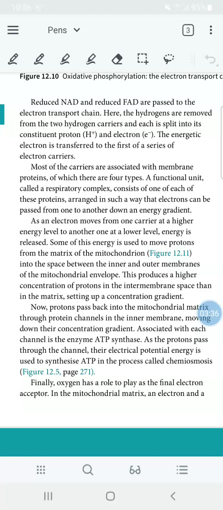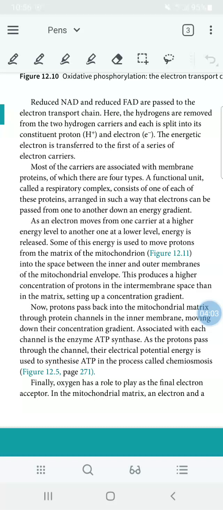This hydrogen will go out. It will be split into the H plus and the electron, or the proton and the electron. The energetic electron is transferred to the first of a series of electron carriers. Most of the carriers are associated with membrane proteins, right?